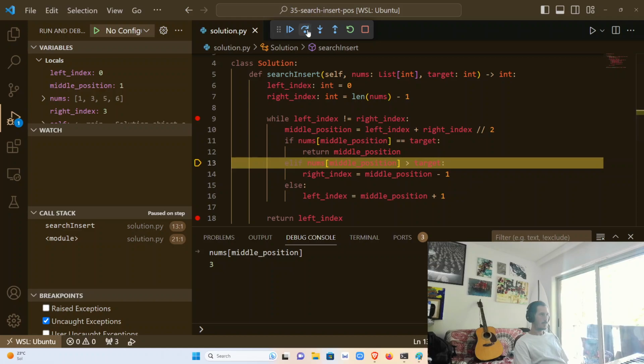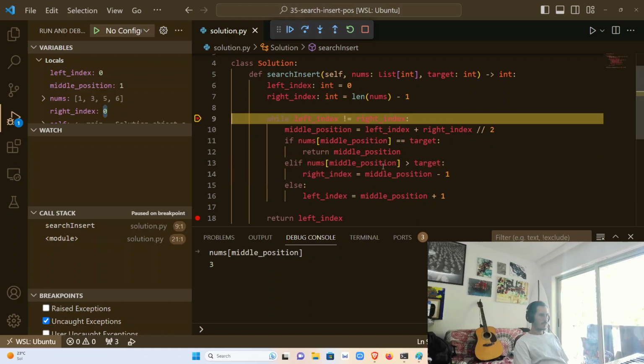So we know 3 is bigger than the target, so right index becomes, maybe this is the problem.